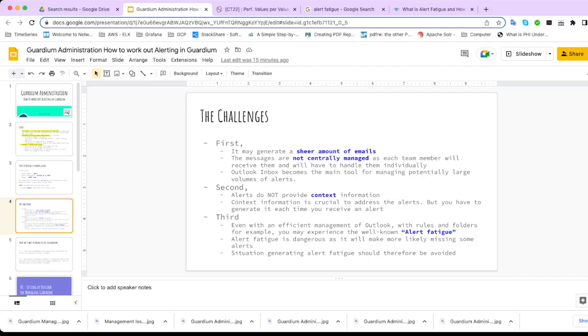Then the third thing: the Outlook inbox becomes your main tool for managing potentially large volumes of alerts. So now Outlook becomes your main alert managing tool. Outlook is not necessarily made for that, right?